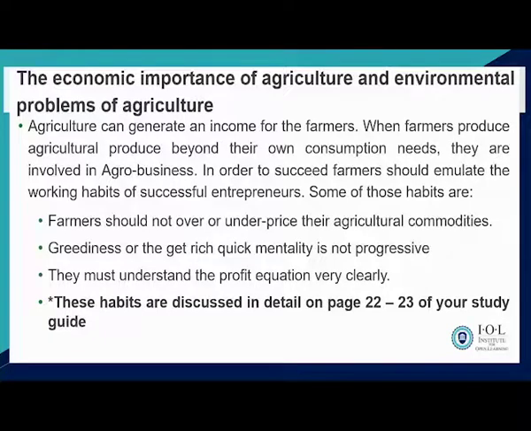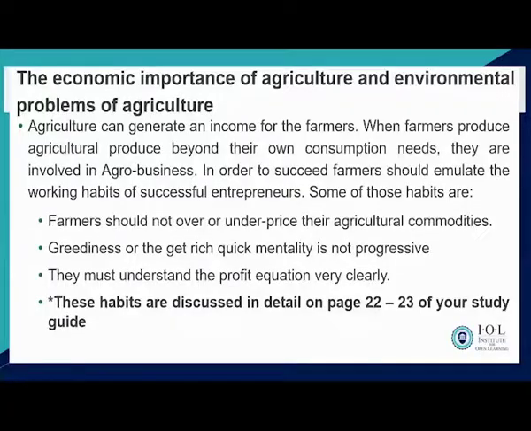In order to succeed, you as a farmer should emulate the working habits of other successful entrepreneurs. If you are going to be involved in agribusiness, you need to emulate the working habits of successful entrepreneurs, and some of these habits include that farmers should not over- or underprice their agricultural commodities.